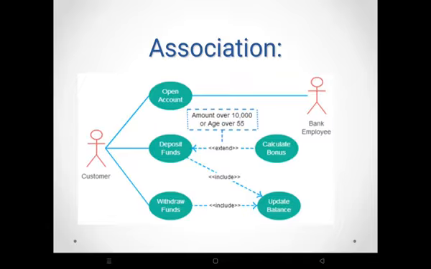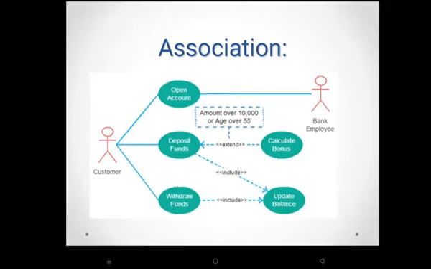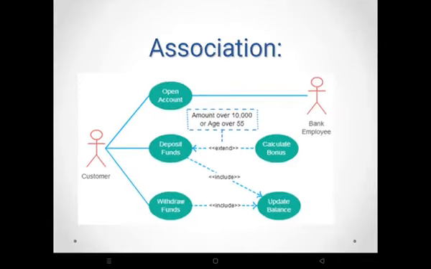The calculate bonus is not applicable for all the customers. Only if the customer age is over 55 or the customer deposit amount is greater than 10,000, the bonus will be calculated. Next, include relationship. Whenever the customer deposits a fund, it is mandatory that the balance should be updated immediately. You can use include relationship. This is very important.